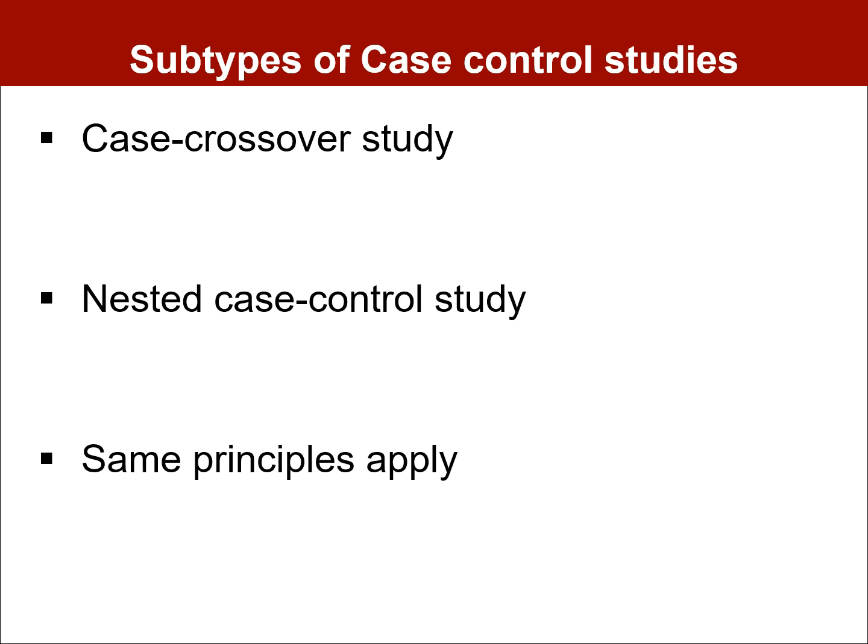In that standard case control study design, the controls are independent of the cases, meaning the controls are completely different individuals and the cases are completely different individuals. However, there are certain scenarios where the case could serve as the control group. And this is where we talk about case crossover study designs.